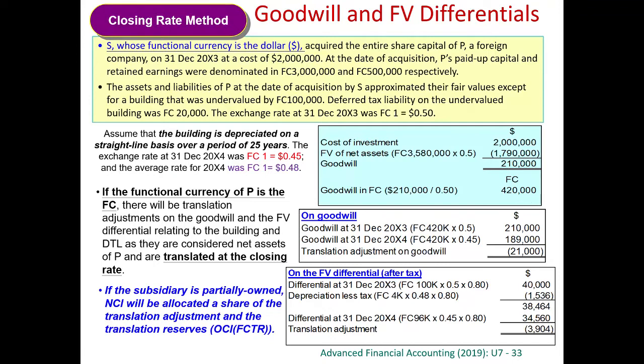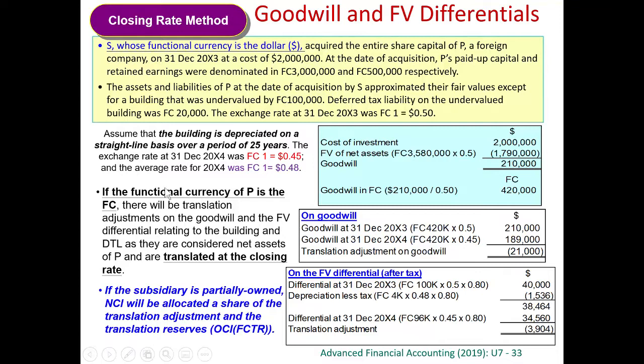If it is 420,000 FC, goodwill is an asset. If the functional currency is FC and we want to consolidate in dollar, we have to translate from FC to dollar. In other words, we have to translate from the functional currency to presentation currency.